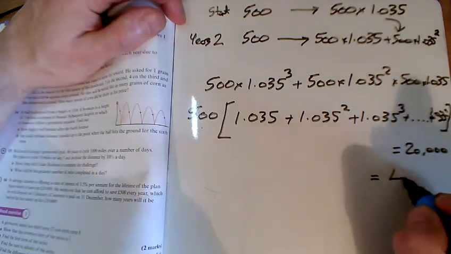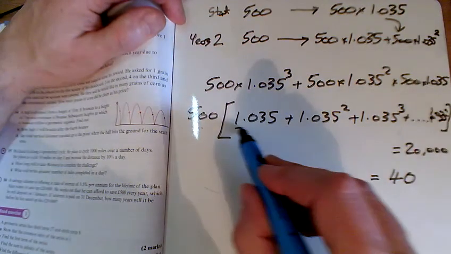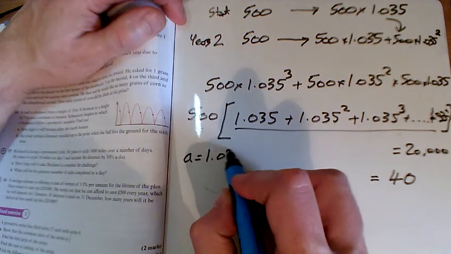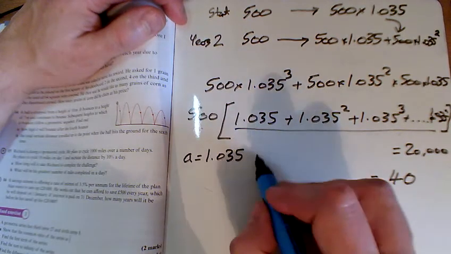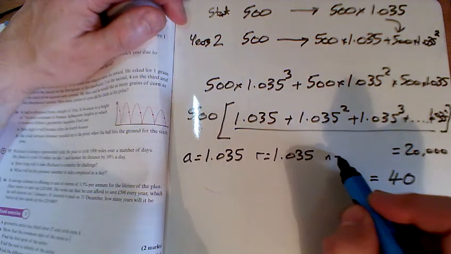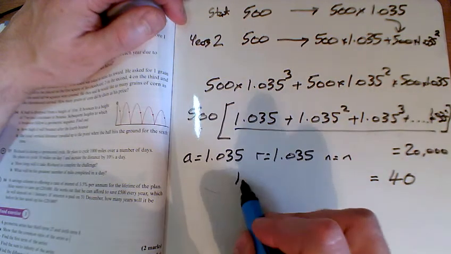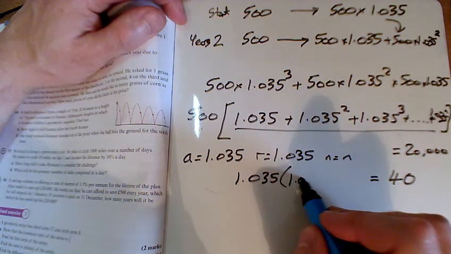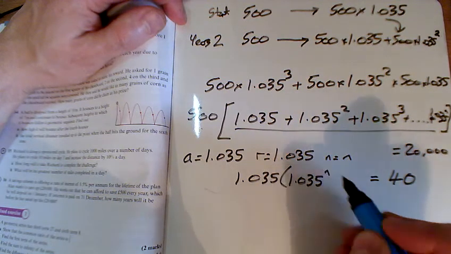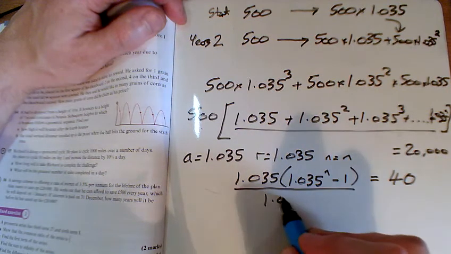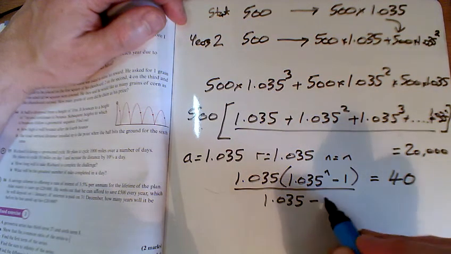I get 40. And this sequence here is first term 1.035, ratio 1.035, n is n that we're trying to find out. So I've got 1.035, r to the power of n minus 1, all over r minus 1.